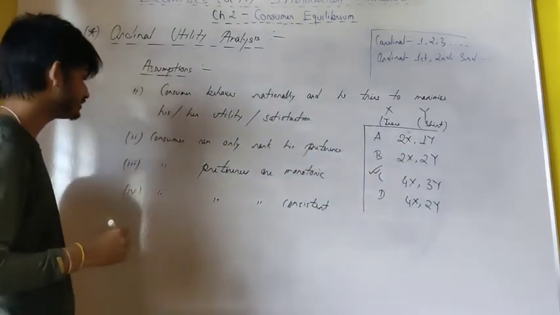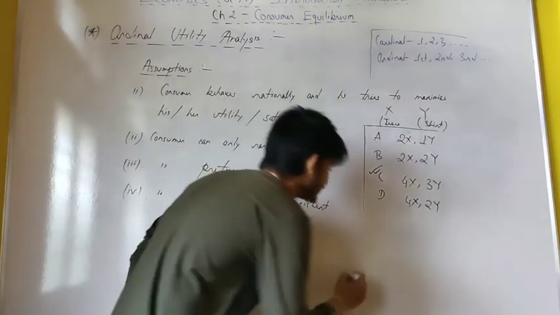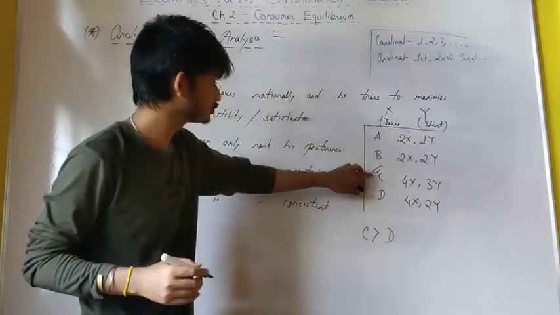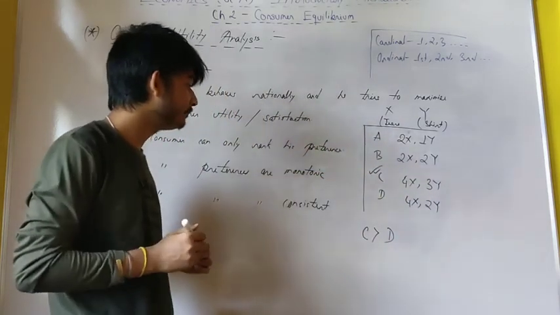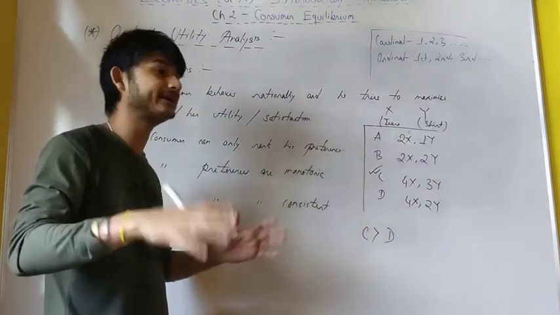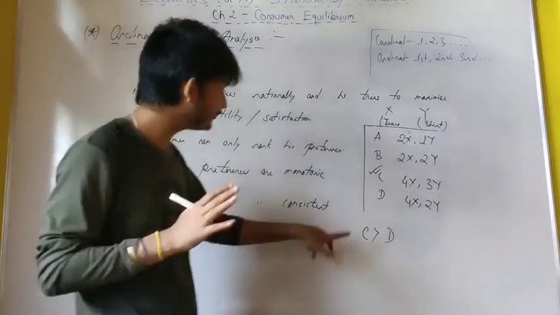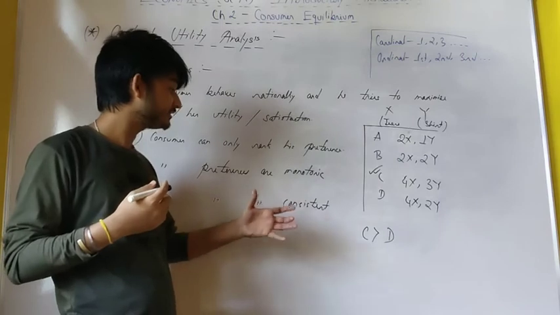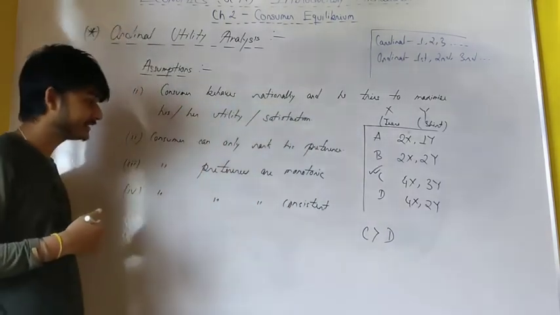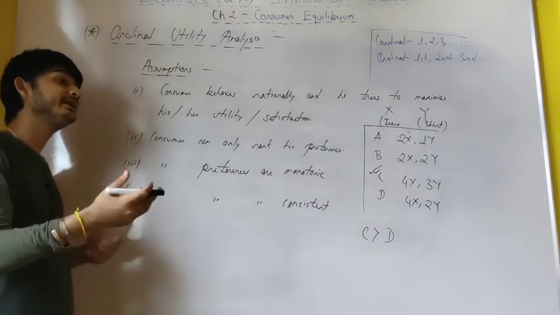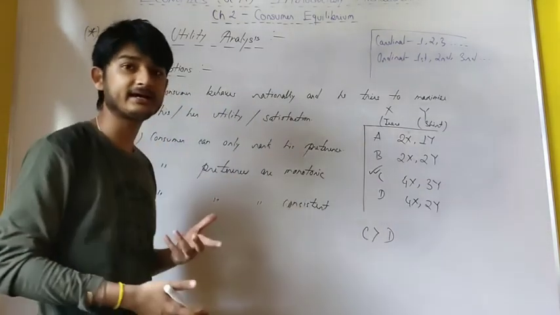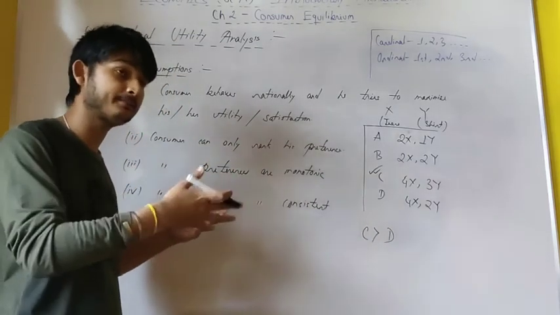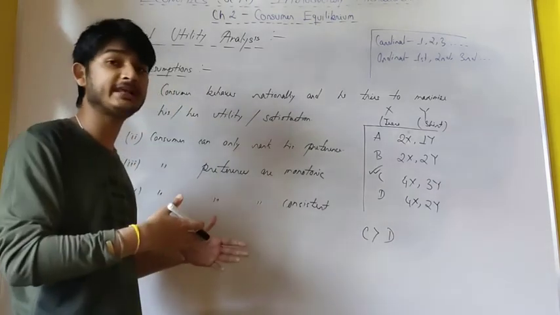Consumer preferences are consistent means if in any situation we are choosing C over D, we are choosing the C combination over the D combination, then whatever may be the odds, whatever may be the situation, we will never choose D over C. This is the consistency of our preference, that if the consumer likes mango more than banana, then he will not choose banana over mango in any situation.